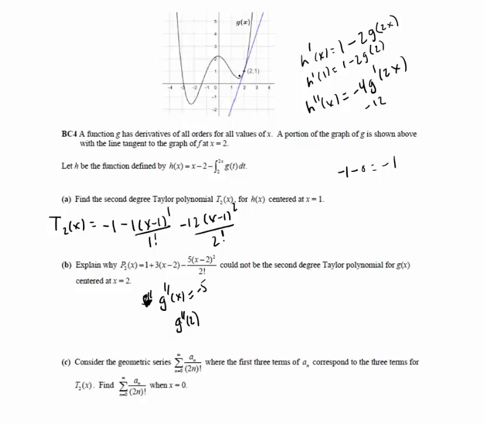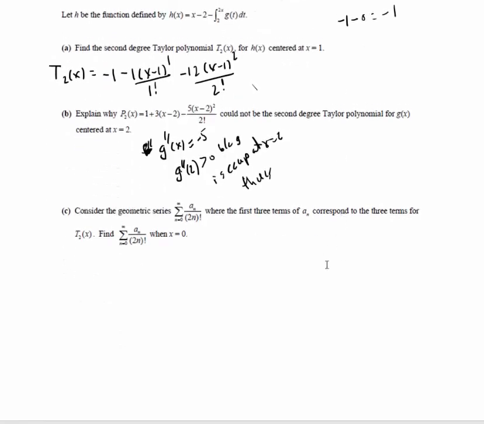What we are looking for is the concavity, and this is concave up at 2, and this is negative, so g double prime at 2 is actually greater than 0 because g is concave up at x equals 2. Thus, this is not the second degree Taylor polynomial. Okay. And I'm not going to write all that out.